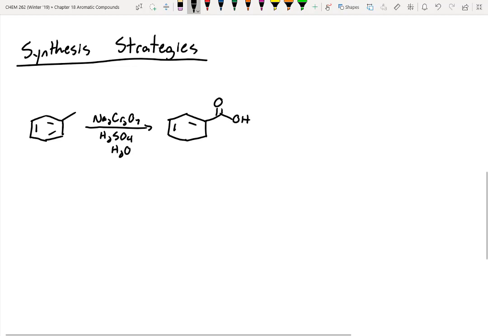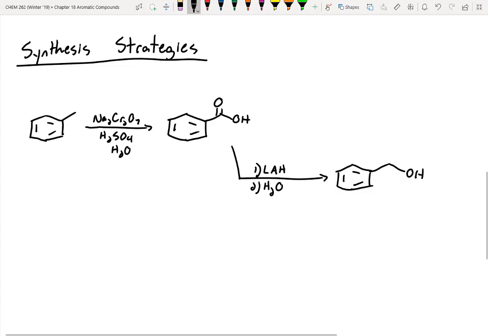And then what else can we do with carboxylic acids at this point? Yeah, we can reduce them. So for example, we can do LAH and H2O to make this into an alcohol.